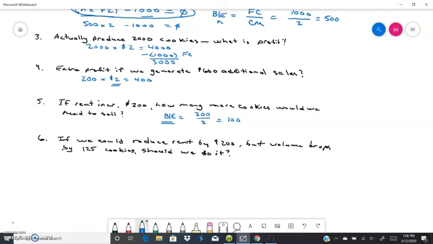Well, first of all, we would save $200, but we would also lose 125 cookies, and each time we sell a cookie, we make $2, so we would lose $250. So net, we would lose $50. We would be worse off by doing this. We should not move.